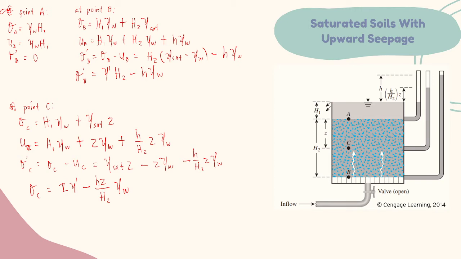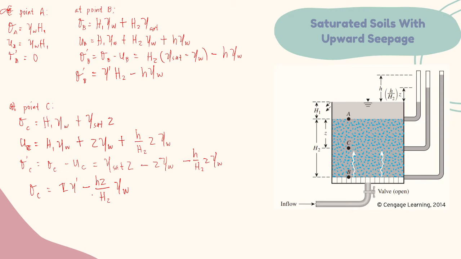But I bet you guys are familiar with the quicksand or kumunoy sand. That's the case when the effective stress of the soil is equal to 0. So that condition is called again quicksand condition or boiling condition.